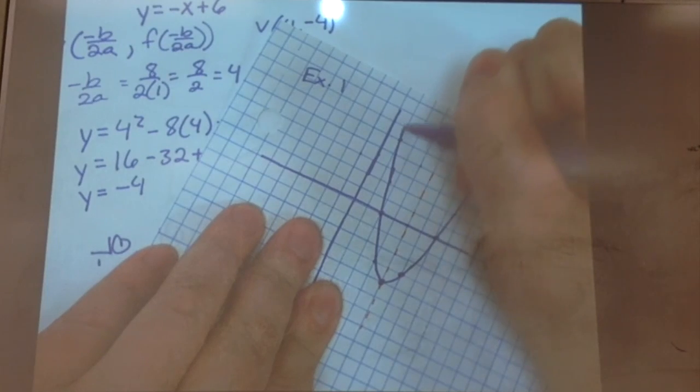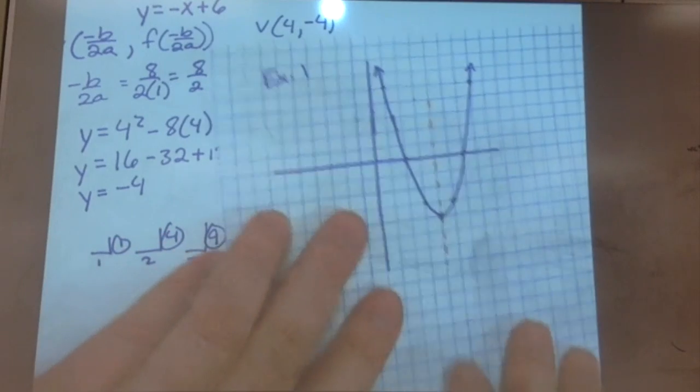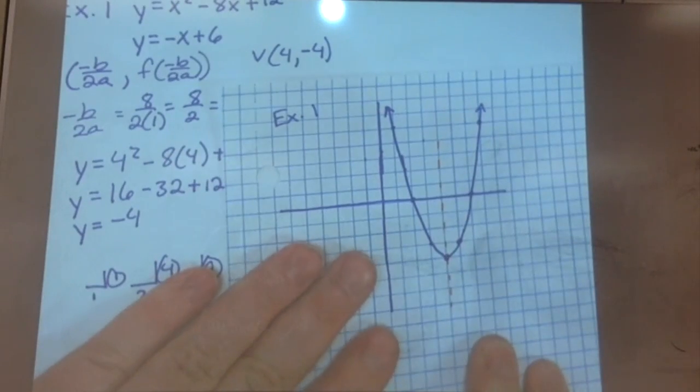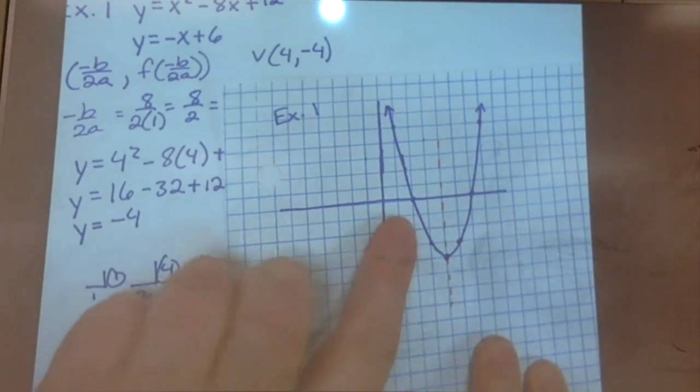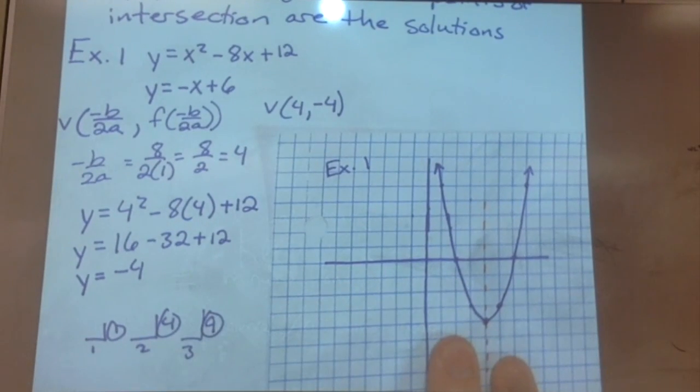It is important to be as accurate as you can when you're looking for your points of intersection on a graph. So that is the parabola that goes with y equals x squared minus 8x plus 12.